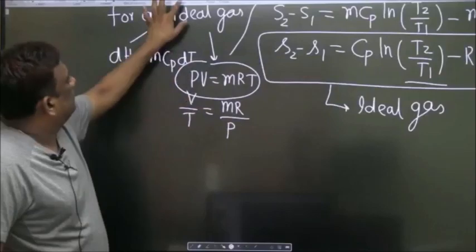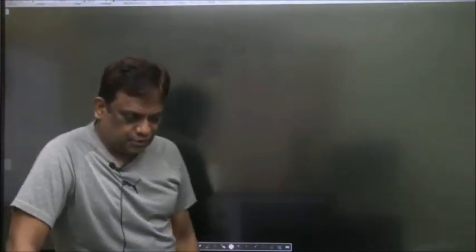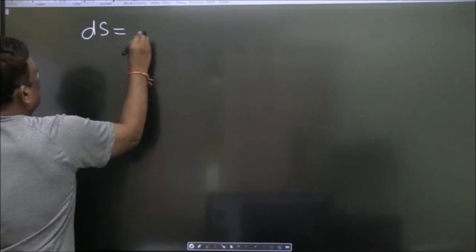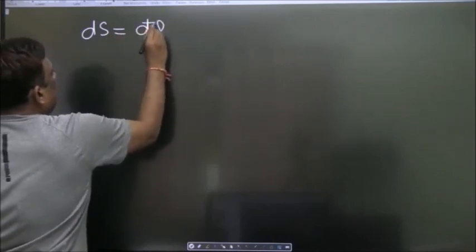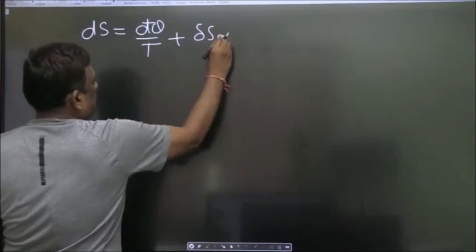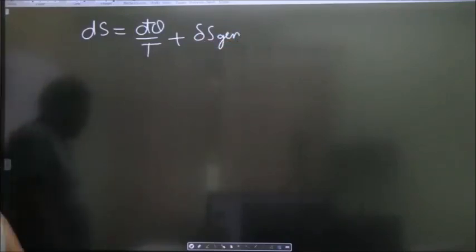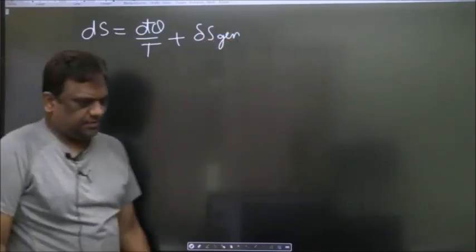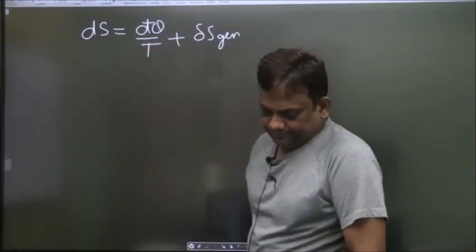Chalo. Now, please stop. I gave you one equation, dS is equal to d'Q by T plus delta S generation. Do you remember this equation?